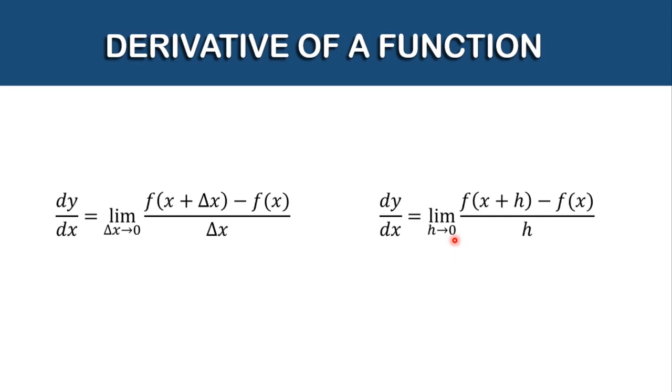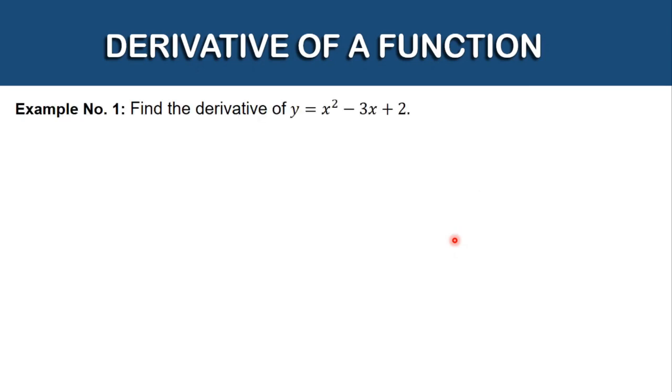So let's start by answering example number 1. So find the derivative of y is equal to x squared minus 3x plus 2. So lagay muna natin yung formula dito sa tabi. Yan. So yung unang gawin natin is to solve this part by part. So unahin muna natin tong f of x plus h dun sa function natin.